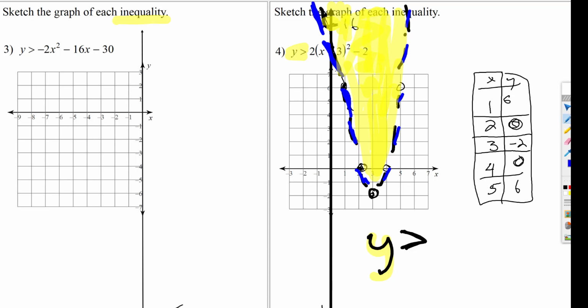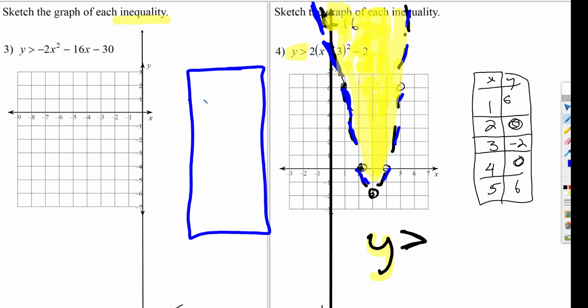Okay, so let's come over to this one. This one, you would have to do a table of values. What I notice is, before we factor that, -2, -16, -30 all have a -2 in common.